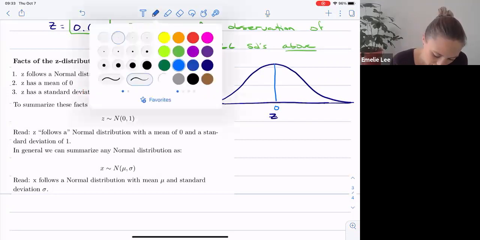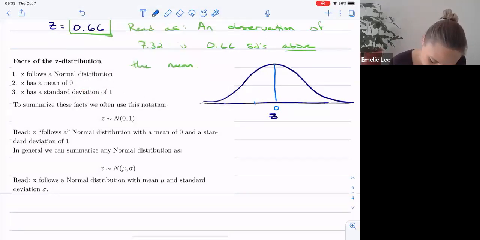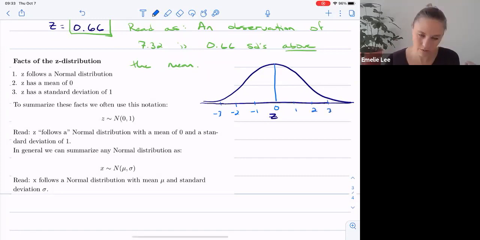So Z has a mean of 0 and Z has a standard deviation of 1. Okay, so what that means is we have here at -1, -2, -3, 1, 2, 3. So just as a rule, Z scores do keep going and going and going, and that's going to come up later. There's one problem in particular where you're going to find a Z score of 12 or 13 or something weird.